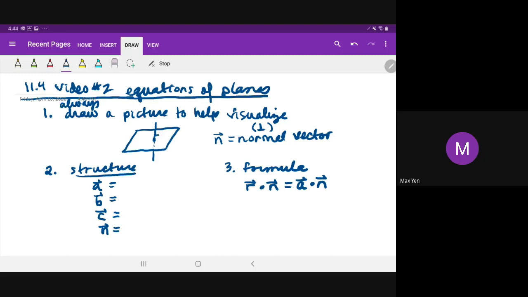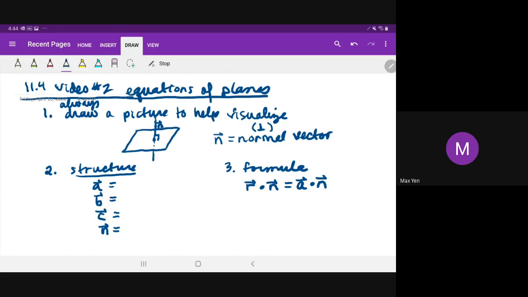This vector right here, the stick, is called the N vector. The N vector is the stick that goes through the vector. It holds the plane up, because that's supposed to be a plane, with infinitely wide and narrow directions. So that's called the normal vector.